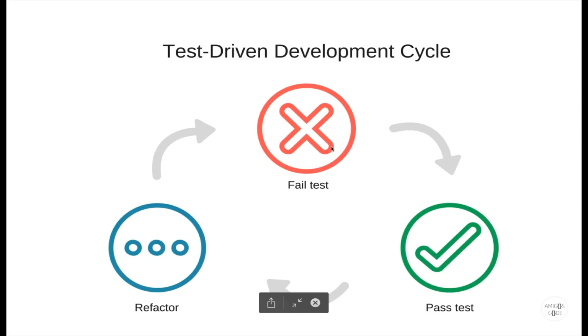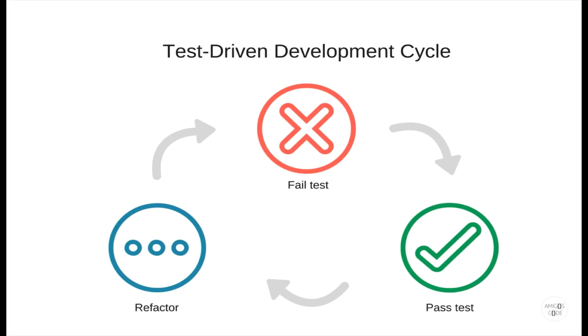So we kind of start with a failing test, we make it pass, refactor, and then the test might fail, we make it pass, refactor, so on and so forth, right? So this is how test-driven development works, and I want to show you exactly how this works.